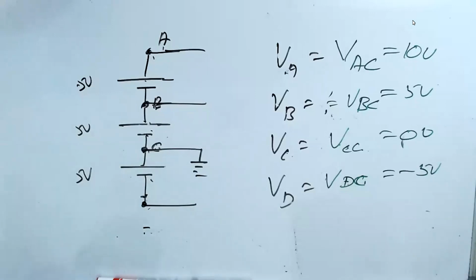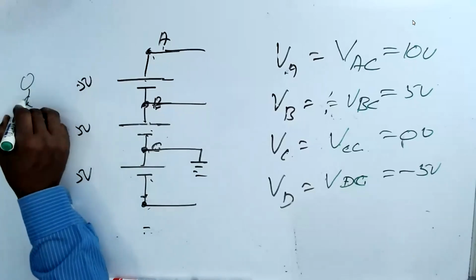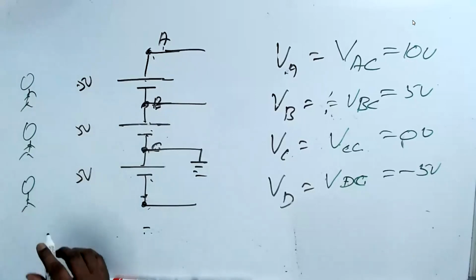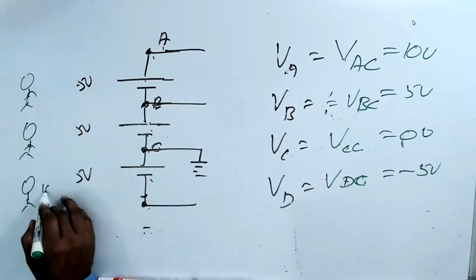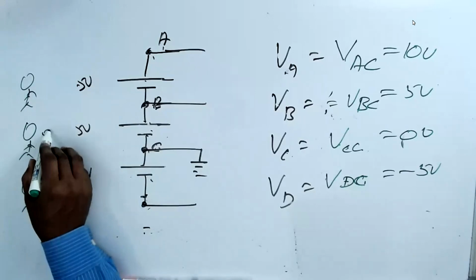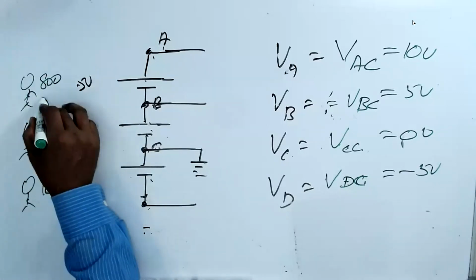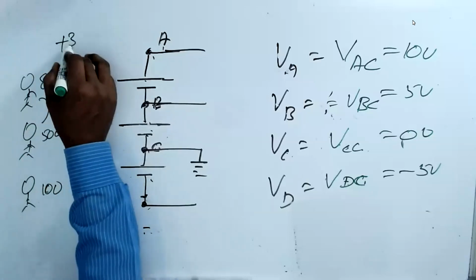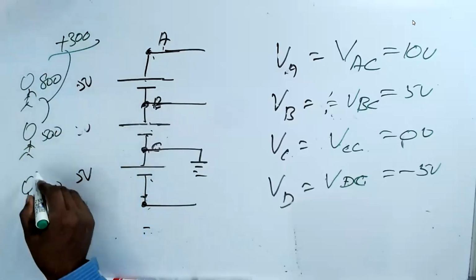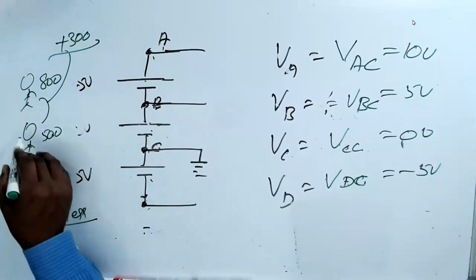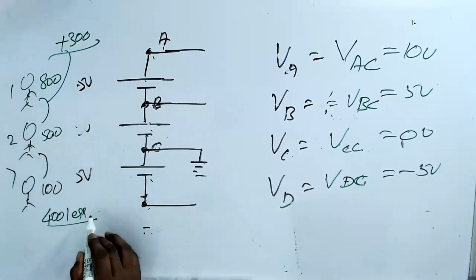Because I have 3 people, say this guy has 100 rupees, this guy has 500 rupees, and this guy has 800 rupees. This guy is 300 rupees more than this guy, whereas this guy is 400 rupees less than that one.